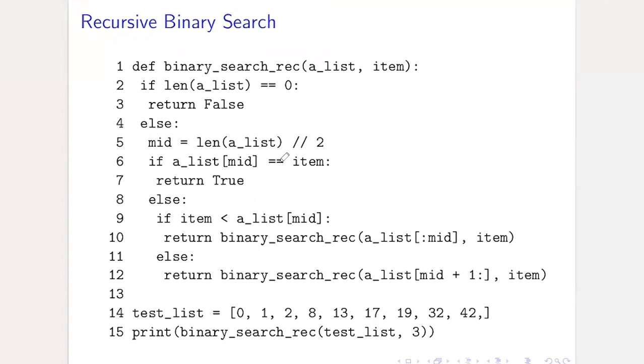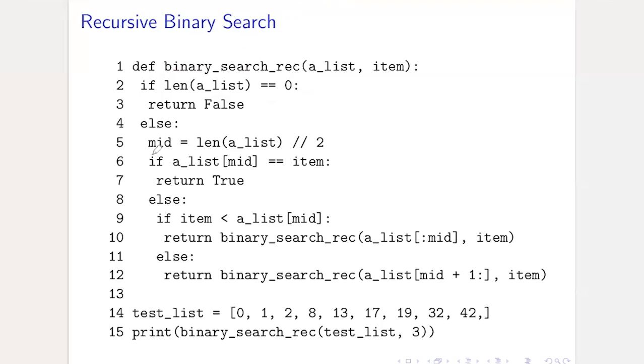So this is the recursive version of the binary search. Again, here we have the base cases and the recursive case. Of course, if the list we get to search is empty, that means a list of length 0, then we would return false, because that means we have come to the end of the list, and the item has not been present.